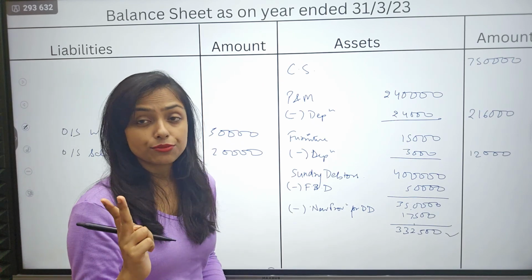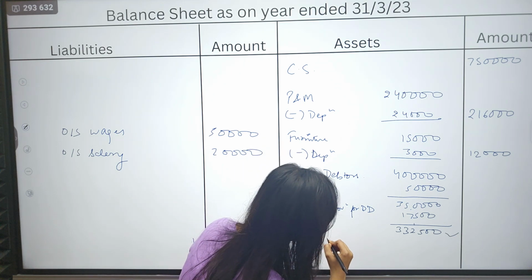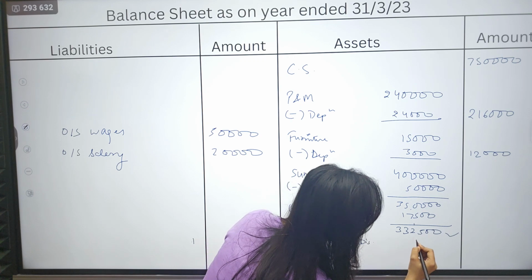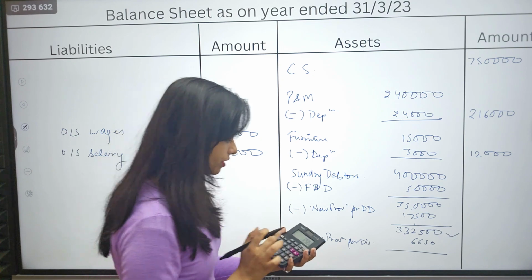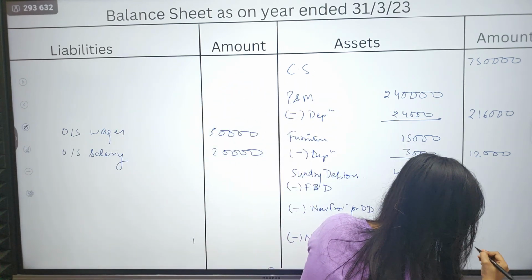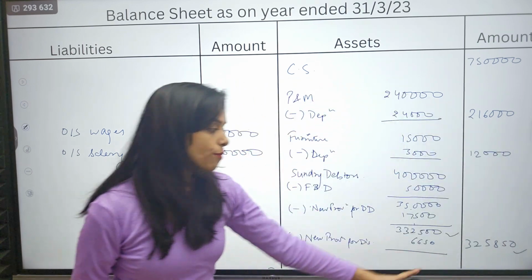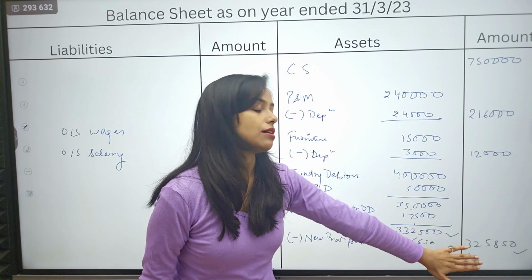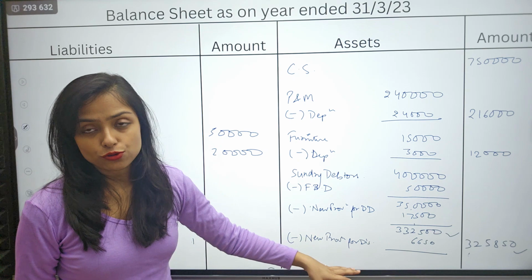And second treatment that we are going to do is here, minus new provision for discount, 6650. Final amount we are going to write over here, that is 3,25,850. I am trying to show my people that look, I am finally going to receive this amount. I am expecting this amount after reducing all the provisions also.